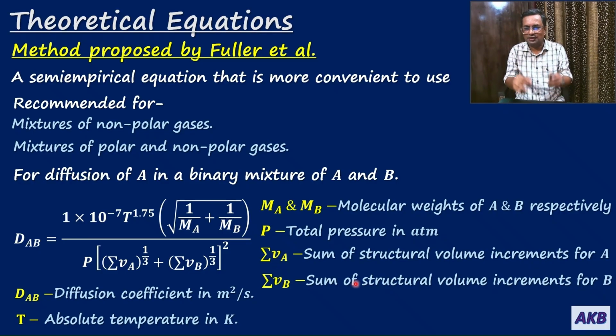For the time being, you just need to know summation VA is the sum of structural volume increments for A and summation VB is the sum of structural volume increments for B.